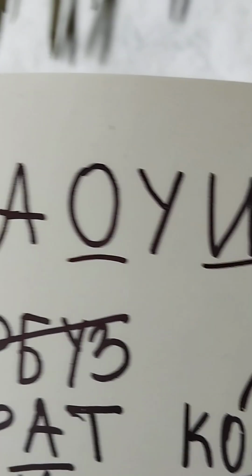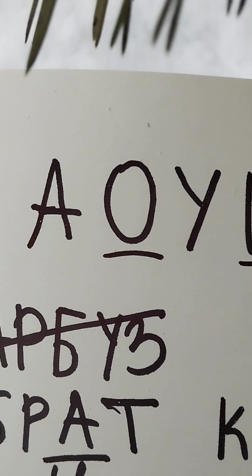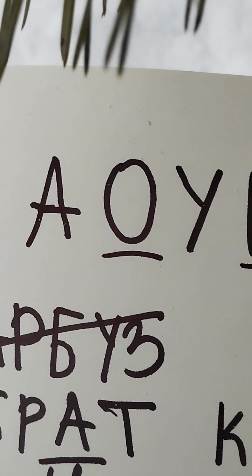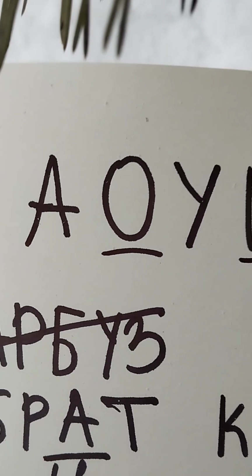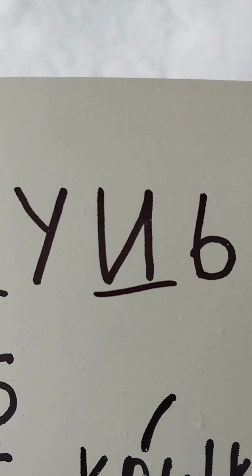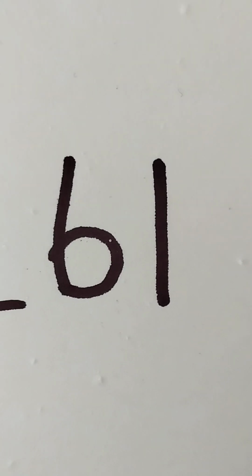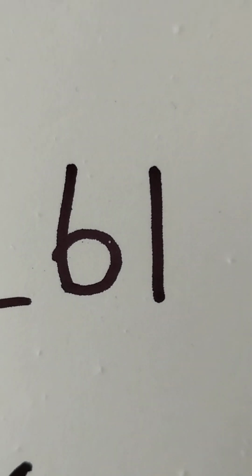We continue learning the Russian alphabet, and we already learned 4 letters, 4 simple vowels: a, o, u, и, and today we are learning the letter Ы. Ы is maybe one of the most difficult letters to pronounce.